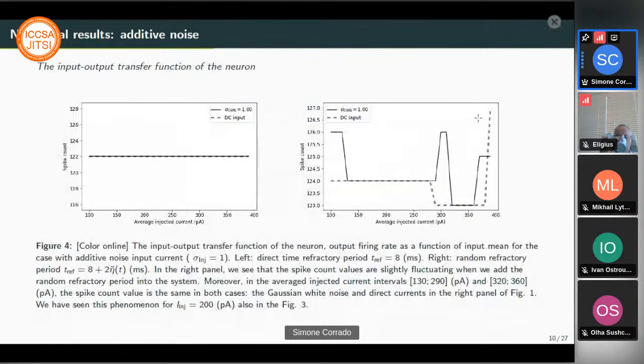You know, it's inspired to move on to look a little bit deeper at the situation in the next slide. As you see here, it's the input-output transfer function for the neuron for the situation that I described.